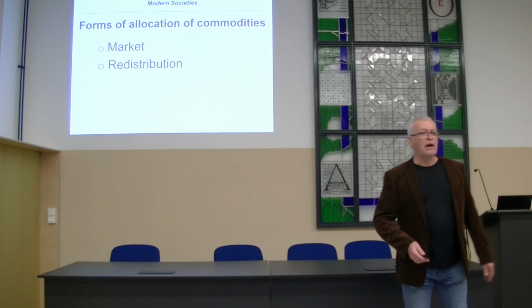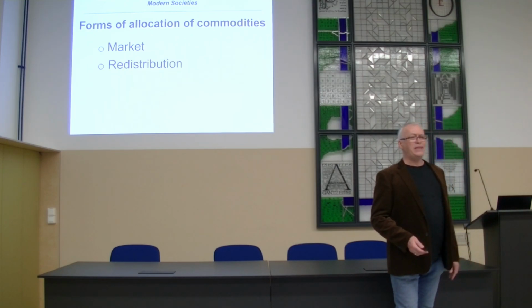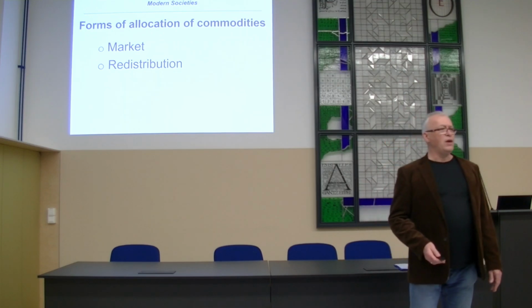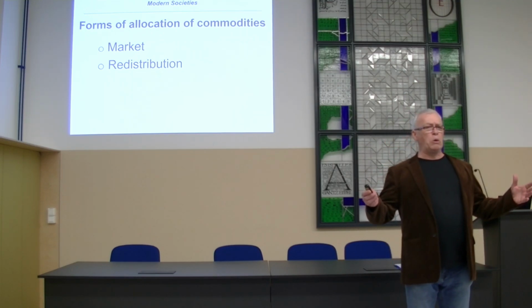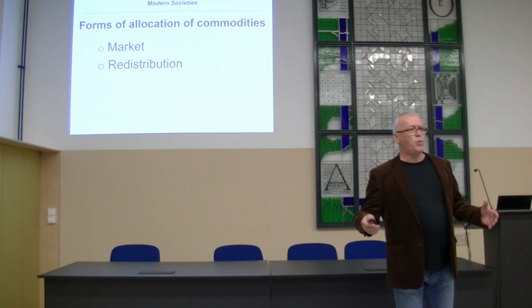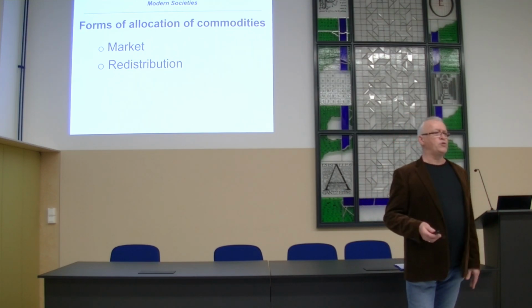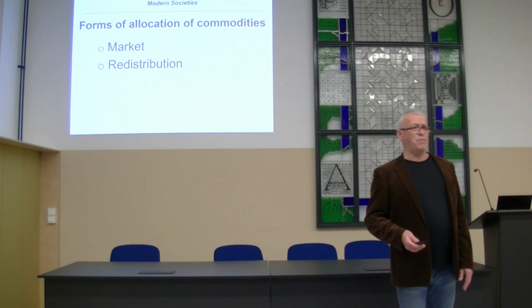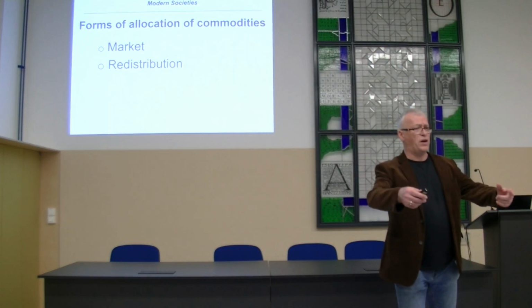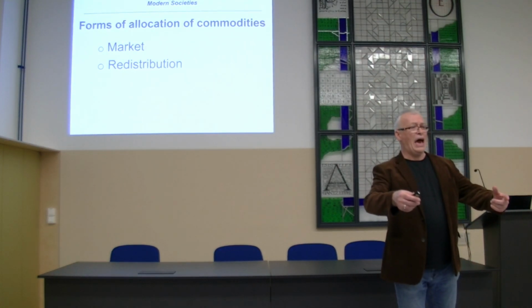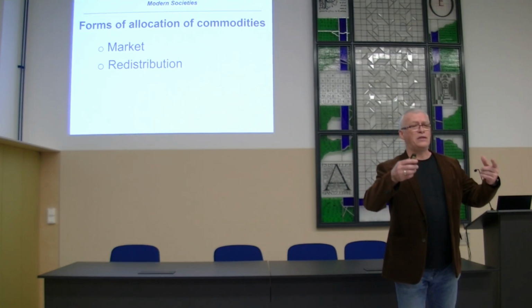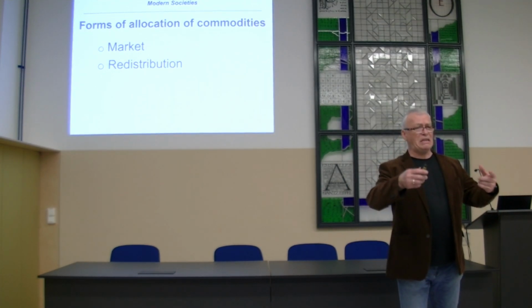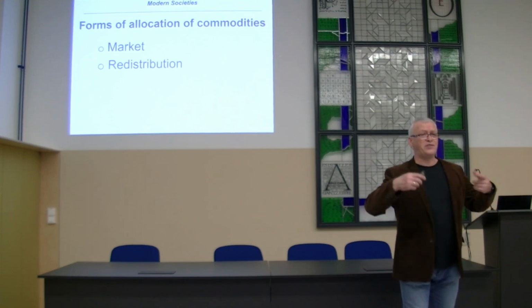The second one, redistribution. For example, the great empires used redistribution. What are the devices of redistribution? For example, the taxing system: taxes and fees are paid into the budget of the government, and according to the interest of the government, the interest of the empire, it redistributes.